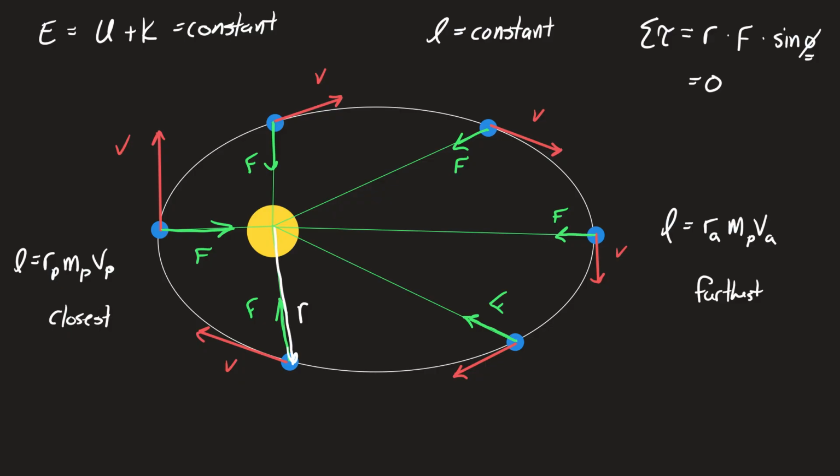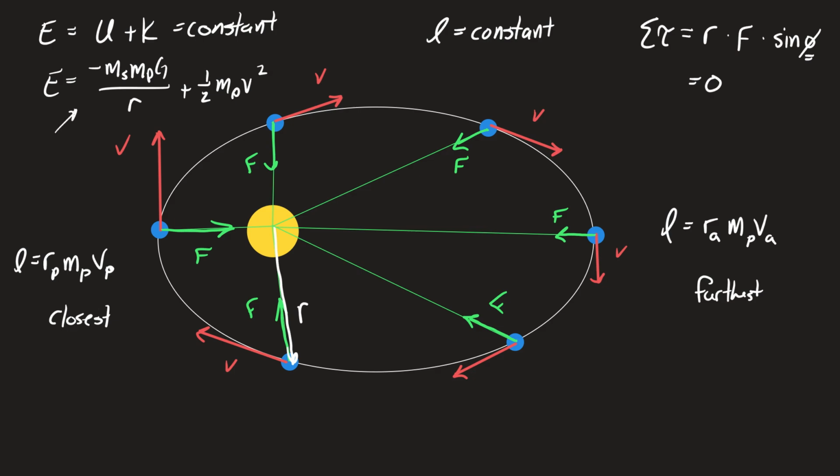Now, this might not seem like much, but this is a system that has lots of equations and multiple unknowns, but consider it's going to be mass of star, mass of planet, G over R plus 1/2 mass of planet, V squared. With these two pieces of information, you can figure out the velocity of a planet anywhere in its orbit.